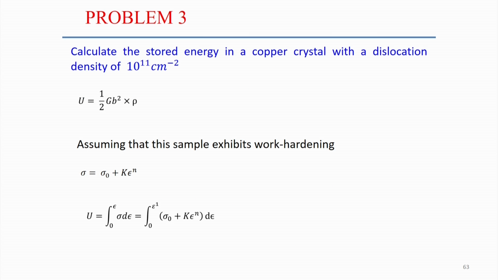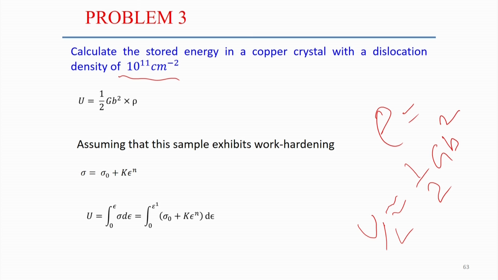Now if we look into problem 3, here we need to calculate the stored energy in a copper crystal with a dislocation density of 10 to the power 11 per centimeter square. So the dislocation density is given here, and we need to find out the stored energy. We know that the dislocation energy per unit length is approximately 1/2 G b square.